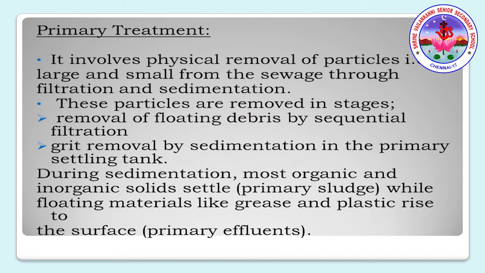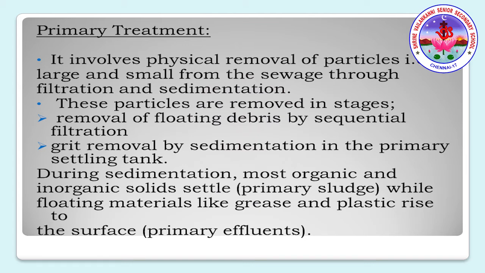Primary sludge is the sedimented particles, the organic and inorganic solids which settle down. Whereas primary effluent is the floating materials like grease and plastic that rise to the surface during this primary treatment.